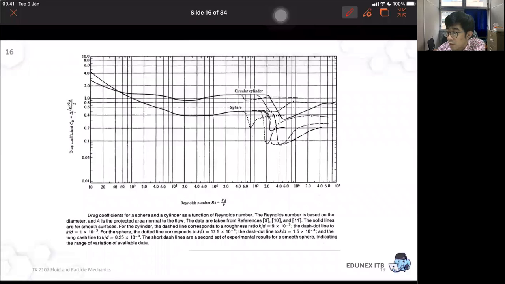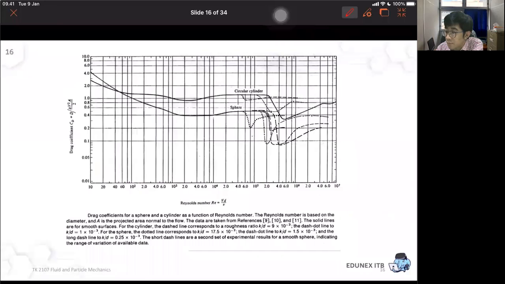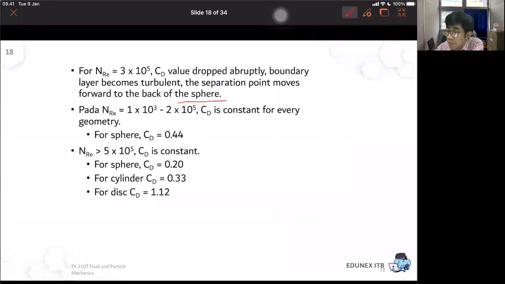This is because of the boundary layer, a lot of wake and turbulence happens, and then the separation point moves forward. That's why there is a very significant decrease in the drag coefficient.